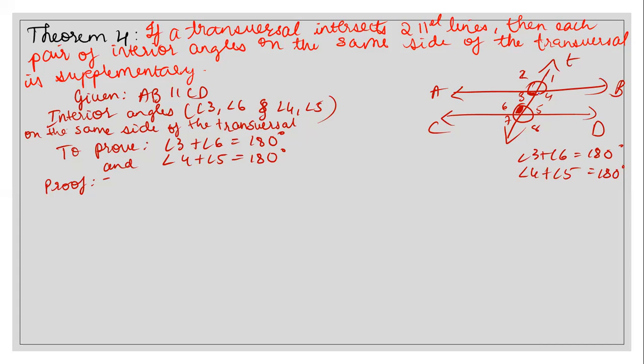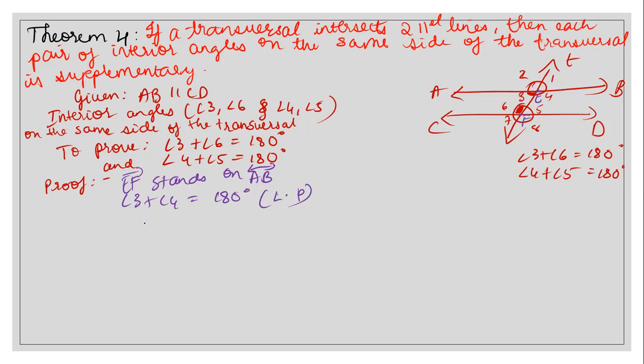Okay, so that means, let's say this is point E and let's say this is point F. Okay, so let's say that ray EF stands on line AB. And now we know that angle 3 plus angle 4 is equal to 180 degrees. How is that? Linear pair, yeah.